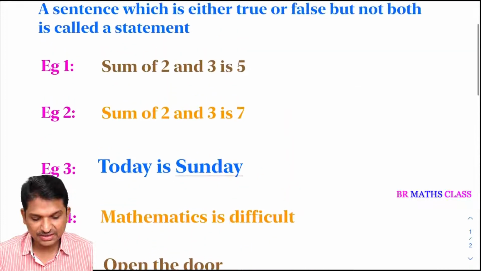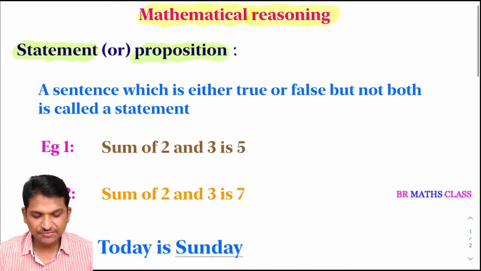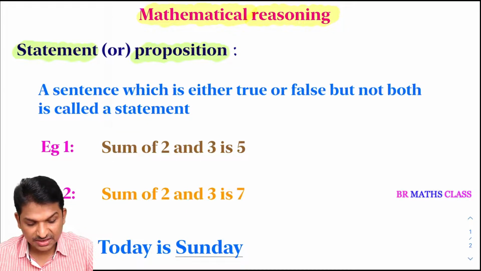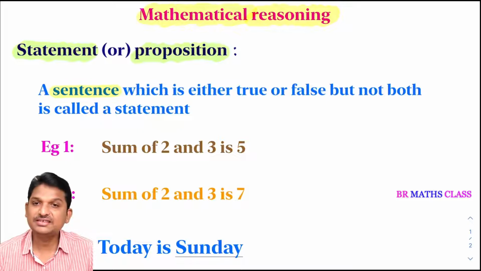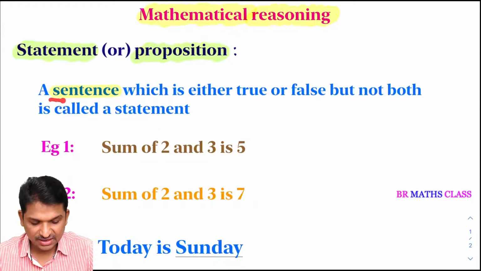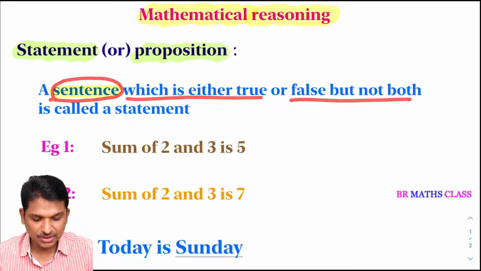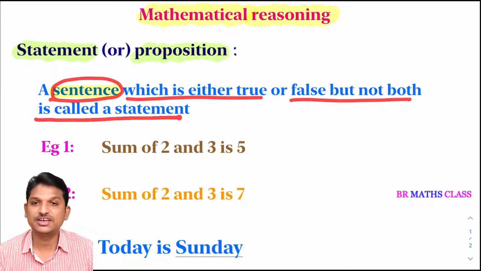Okay, first let's see what is the definition of a statement. What is a statement? A statement is a sentence. It is a sentence which is either true or false but not both.